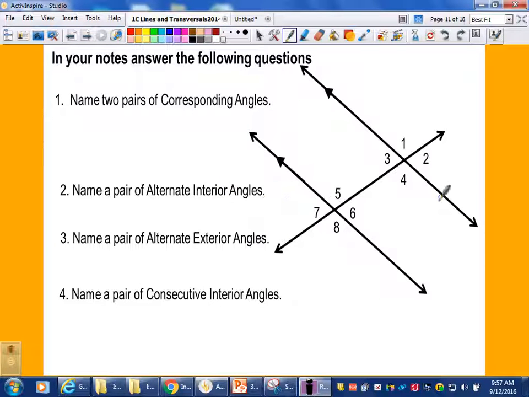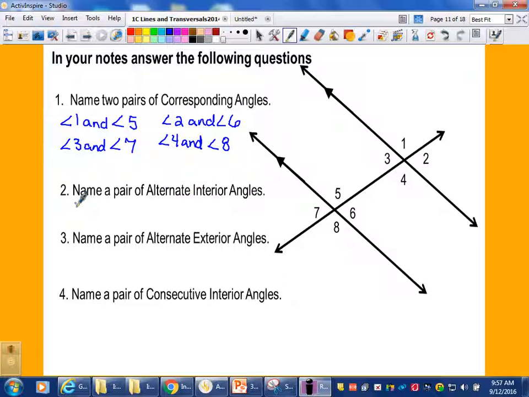So if I were to sit here and name my corresponding angles, I would name angle 1 and angle 5, angle 3 and angle 7, angle 2 and angle 6, angle 4 and angle 8.